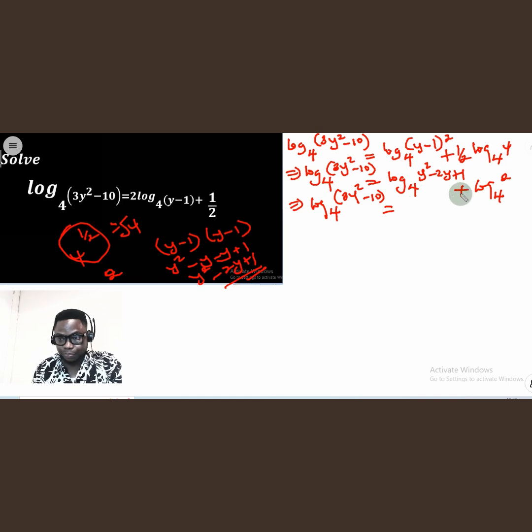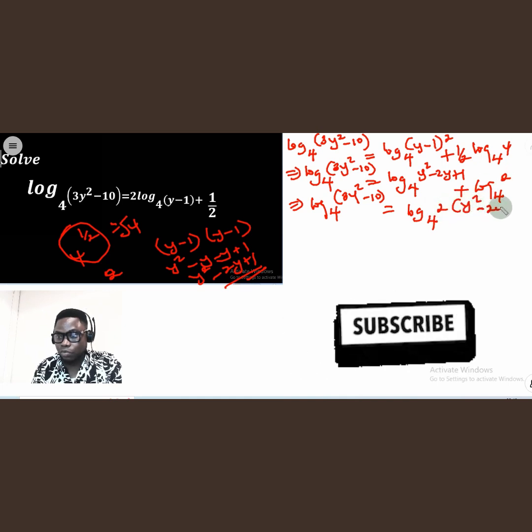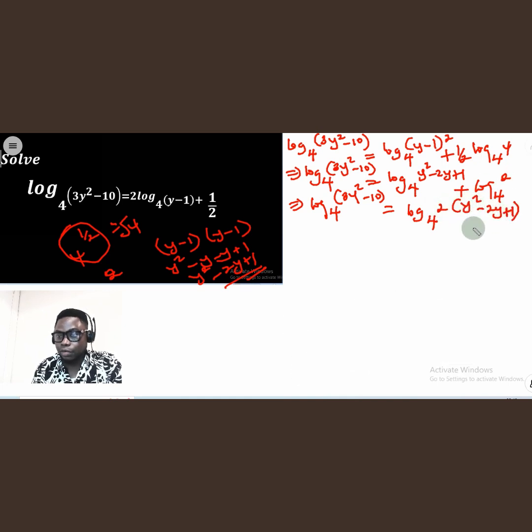That is the law because of this addition sign here. So this is going to be log 4, then 2 times y squared minus 2y plus 1. That is the law. So you can see that because of this equal sign, this log 4 is going to cancel out log 4. I will pick the exponent.